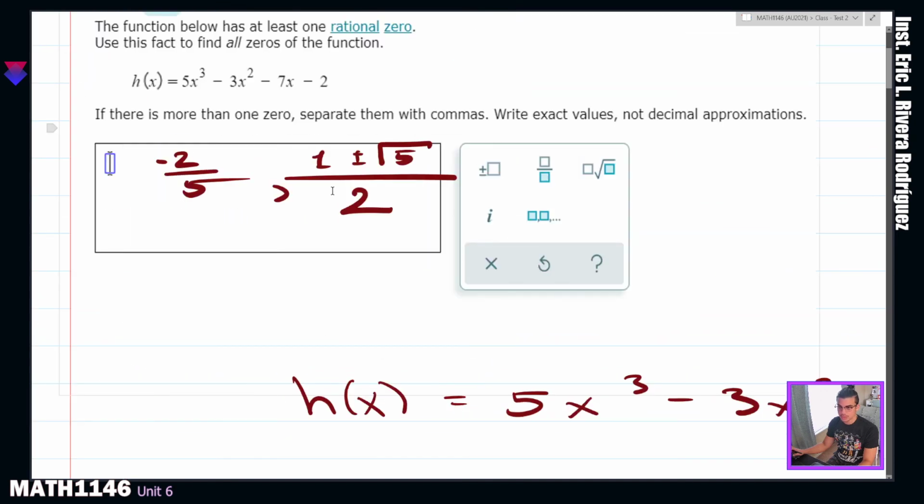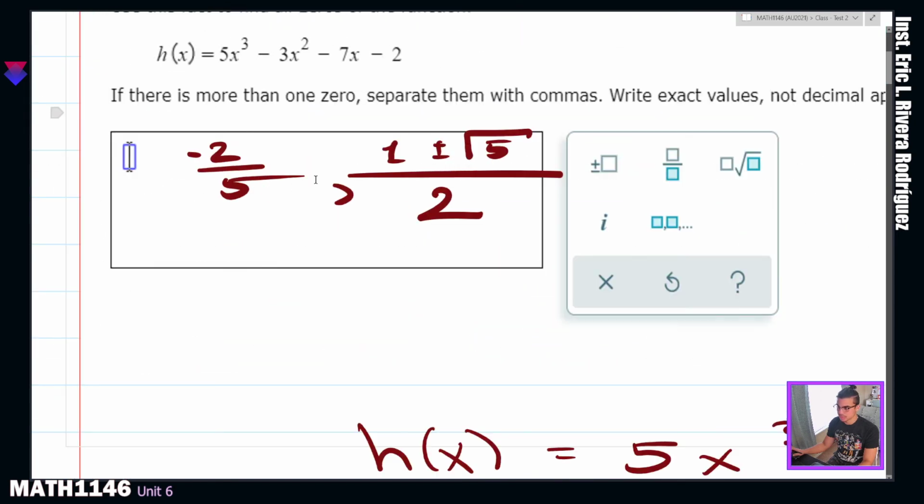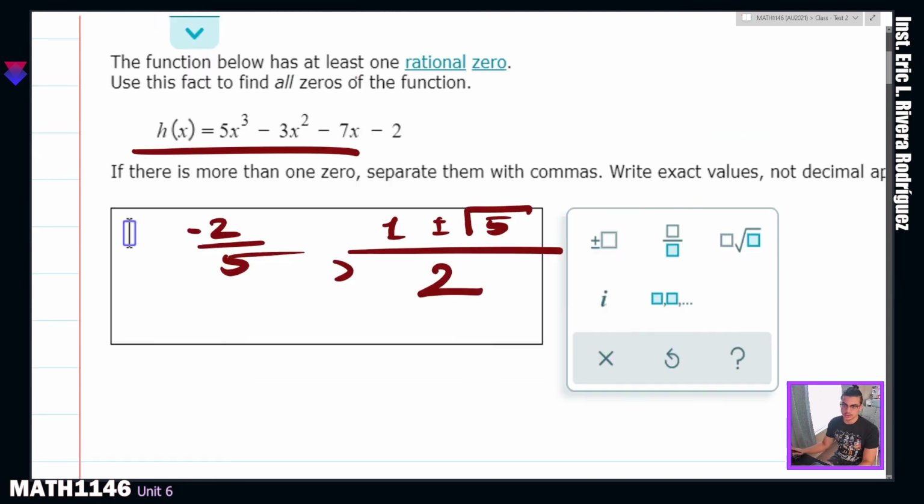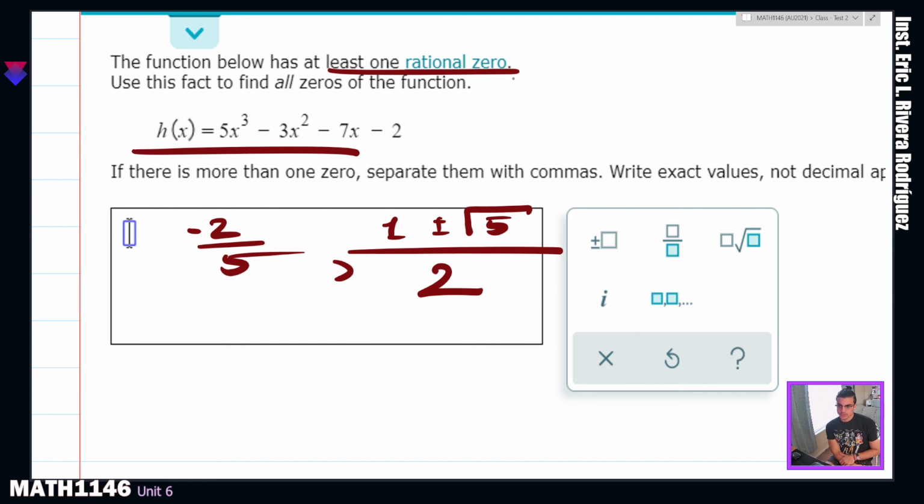And those are the 3 zeros of our polynomial: one rational zero, like the exercise guaranteed, and 2 irrational zeros. In this situation, we were able to find the 2 remaining irrational zeros because we reached a quadratic equation, and we can use the quadratic formula.